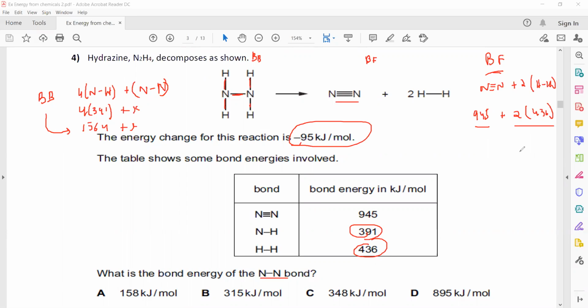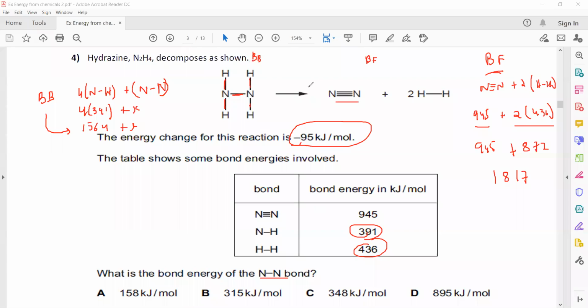So 2 multiplied by 436 will be 872, and plus 945. So 945 plus 872 is 1817. That's the bond forming energy.